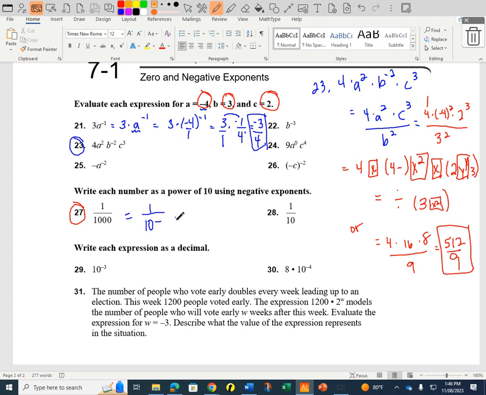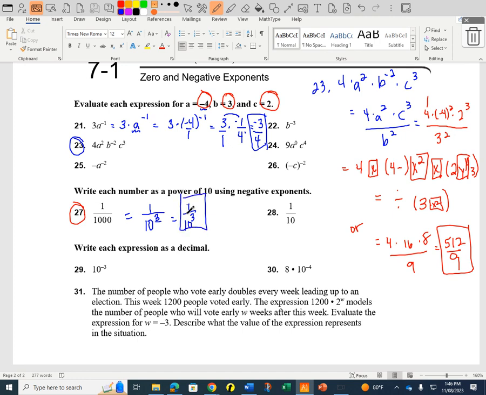If you don't know, just do it in your calculator. 10 times 10 and hit equals. We'll see that's 100. Times 10 again, you'll see that's 1,000. So now we know it's 10 to the third power. So that's your answer: 1 over 10 to the third power. Does that make sense, Sam? That's your final answer.